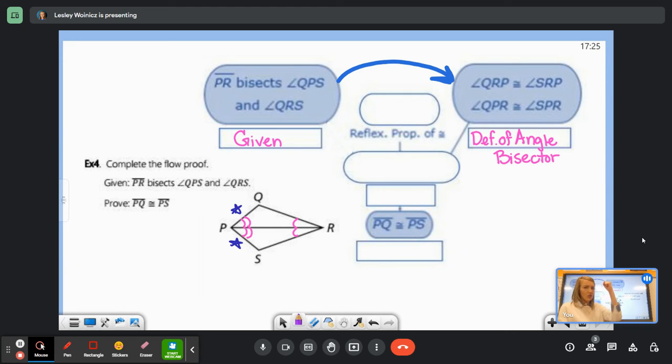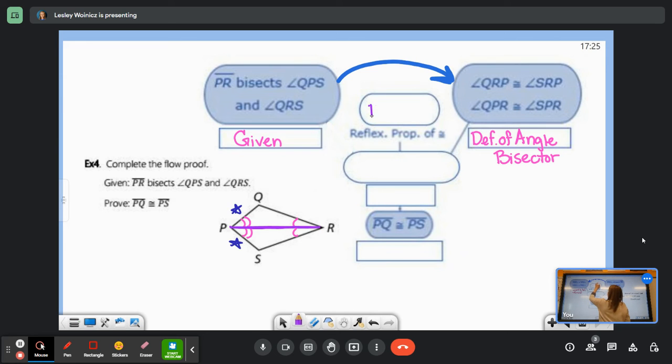I need a side. So my side is going to be this shared side. They both have this side PR. Okay, let's look at the order. I think it's in the same order. PQ, yeah, it's in the same order. So we can just say PR is congruent to itself.